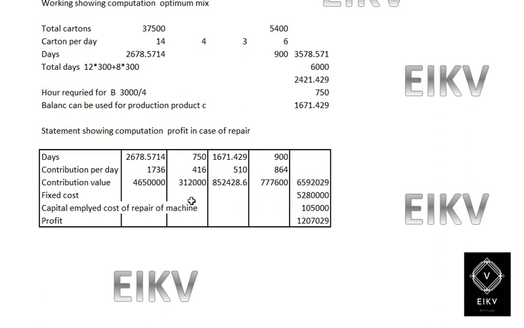When we deduct the fixed cost of 52 lakh 80,000 and the cost of capital employed, that is 1 lakh 5,000, we will get a profit of rupees 12 lakh 729.